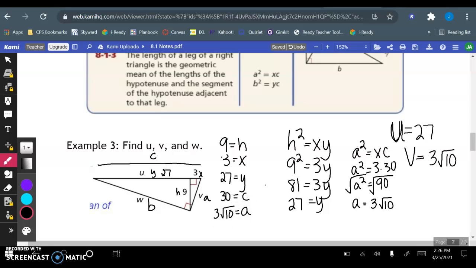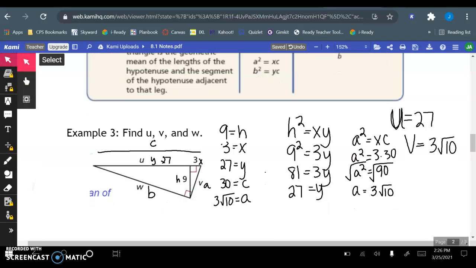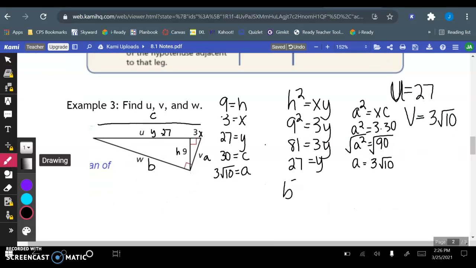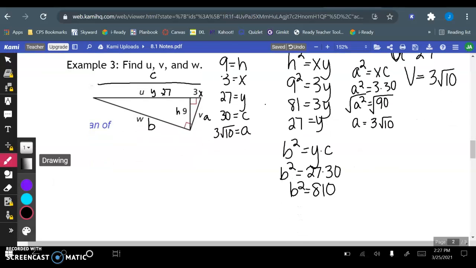And then our last one, b squared equals y times c. So b squared equals y times c. So b we do not know yet. y is 27 and c is 30. So b squared equals 810. And the square root of 810 is not a perfect square, but it would be 81 times 10.